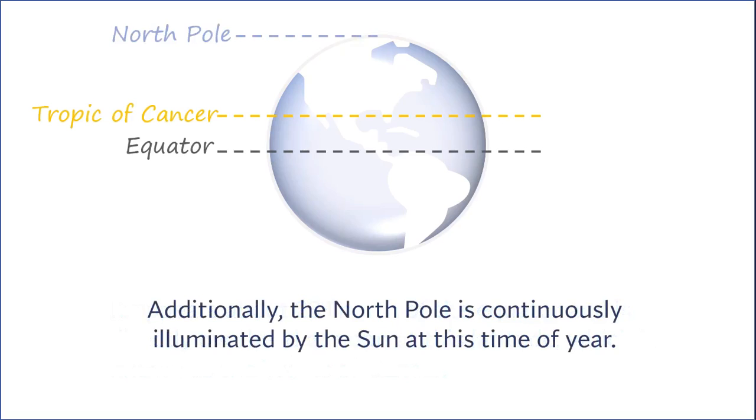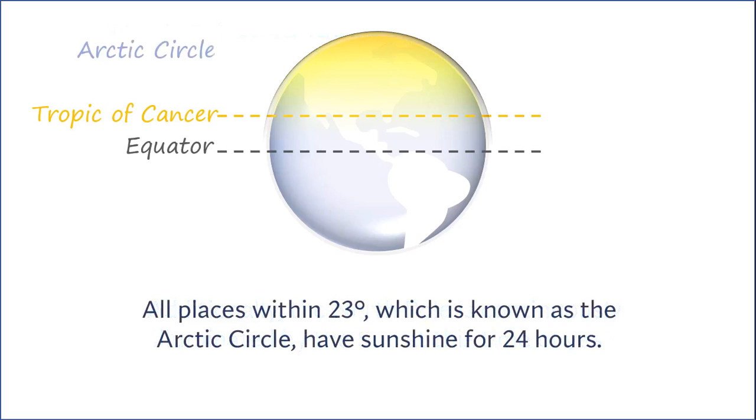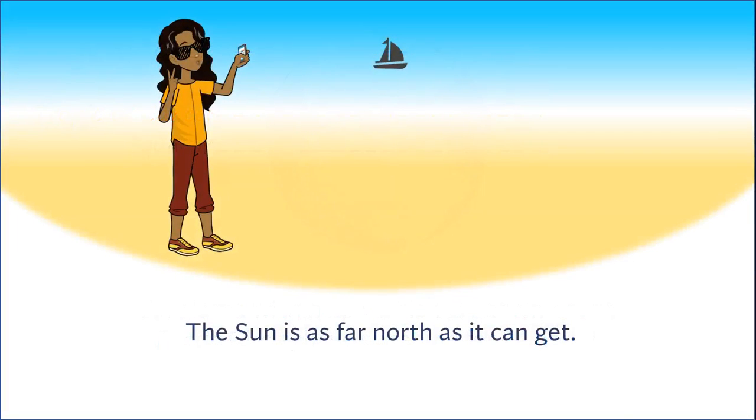Additionally, the North Pole is continuously illuminated by the Sun at this time of year. All places within 23 degrees, which is known as the Arctic Circle, have sunshine for 24 hours. The Sun is as far north as it can get.